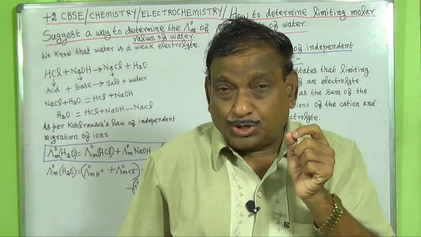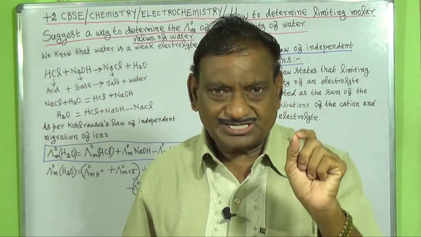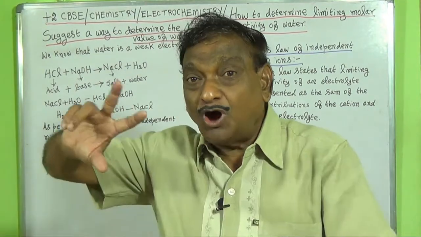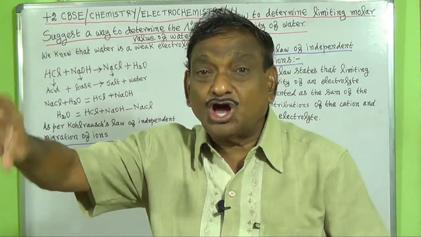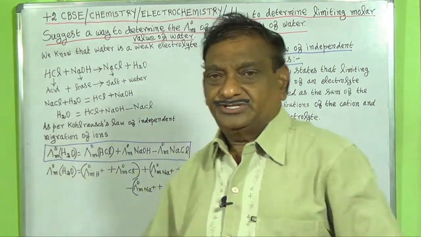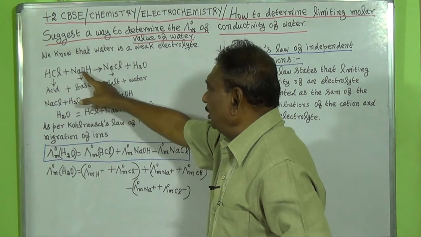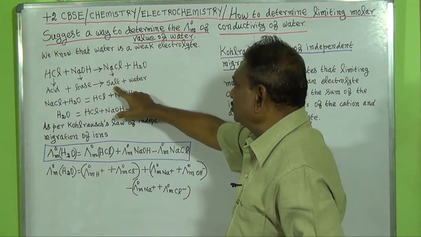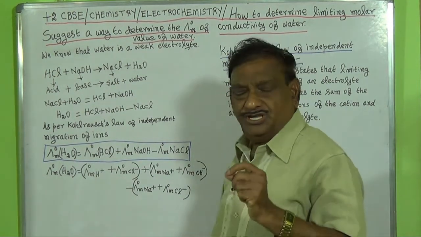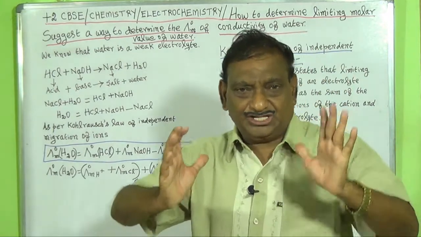It combines with the base sodium hydroxide to form the salt sodium chloride and water. See the equation: HCl is the acid, NaOH is the base, NaCl is the salt, H2O is water.